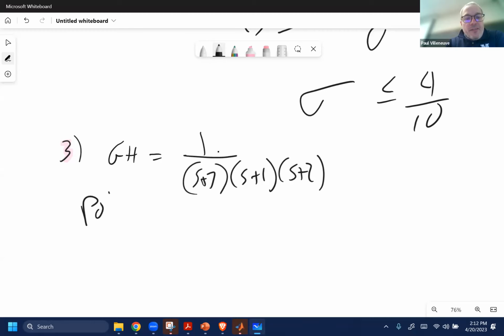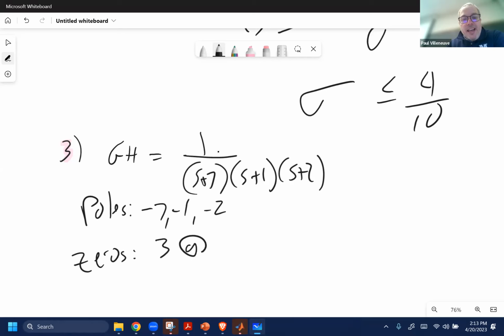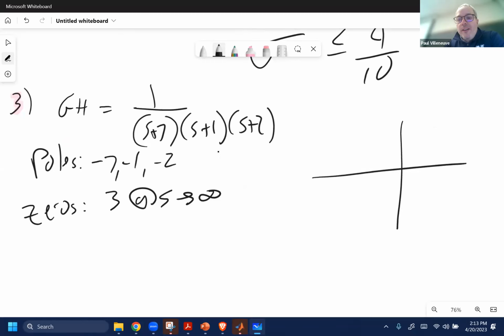We're going to specify the poles. So we have -7, -1, -2. And the zeros, we have no finite zeros, but we have 3 at S approaches infinity, right? So now we have enough to at least start to draw the real axis root locus. So let's draw that over here. We have -1, -2, and -7.